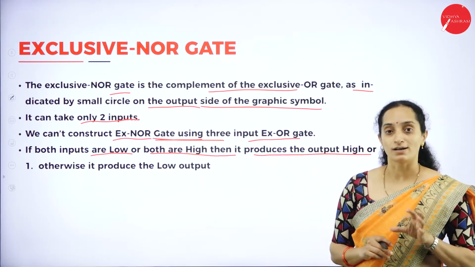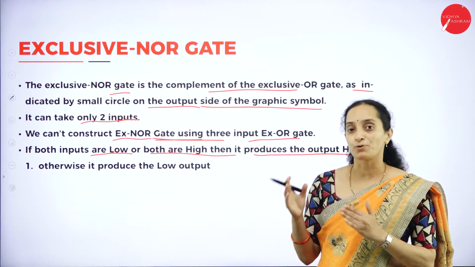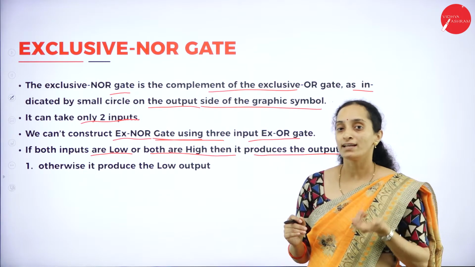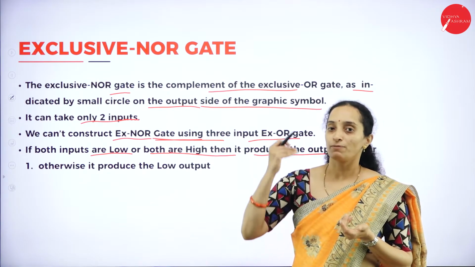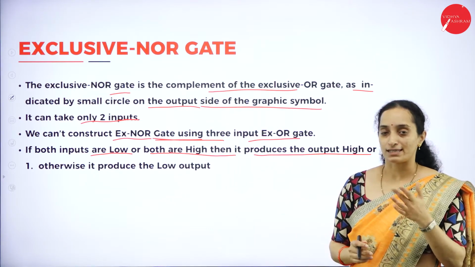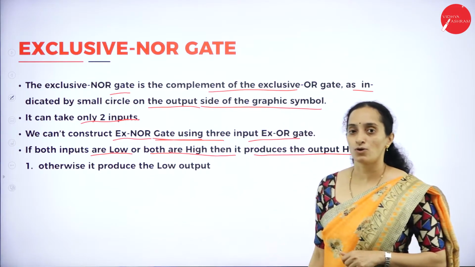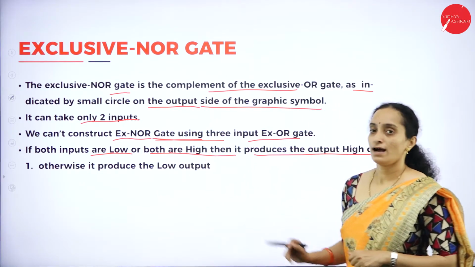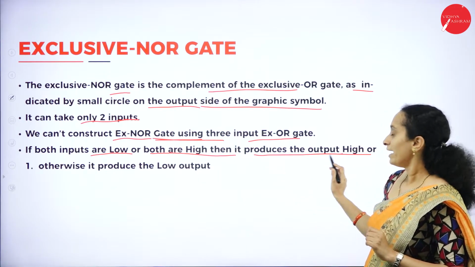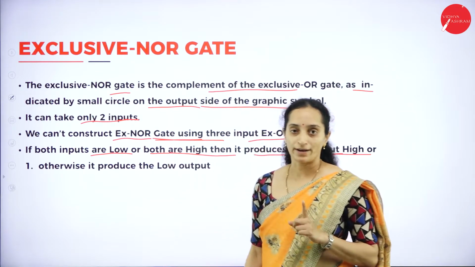What does the XOR say? When both the inputs are the same, the output will be 0 or low. When you have varying input, the output will be high, isn't it? But here it is reversed, the complement of the XOR. If both inputs are low or both are high, in case both the inputs are the same, it produces the high output or 1.